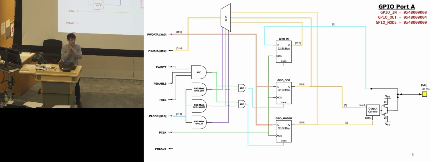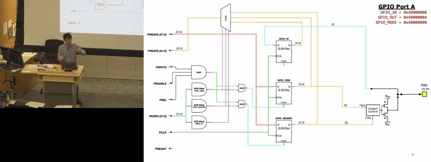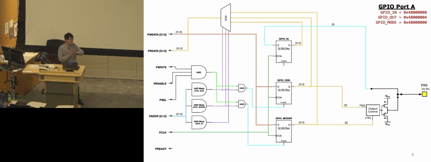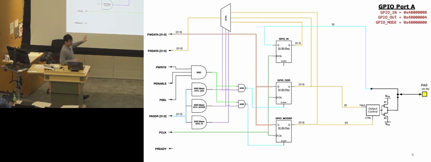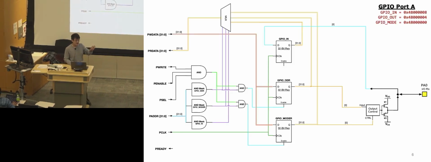That signal goes individually to each of the peripherals. The P-write and P-enable are one signal that goes to all peripherals, while P-select goes to one. And the P-ready is the signal that comes from the peripheral, or the completer, to the requester, or the master.